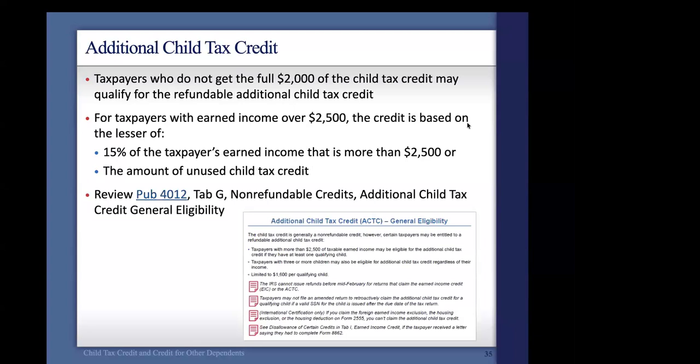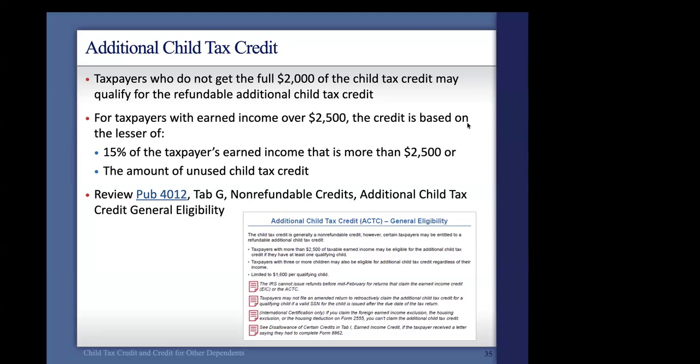Additional child tax credit. The additional child tax credit allows eligible taxpayers to claim up to a set amount for each qualifying child. Don't know if you remember or not, but we did talk about the important changes. And so we know the amount for child tax credit changed.